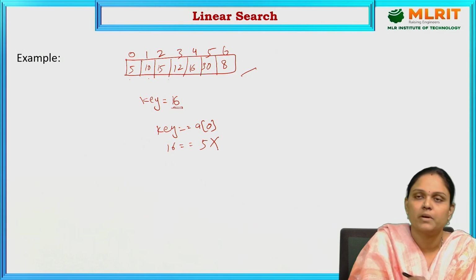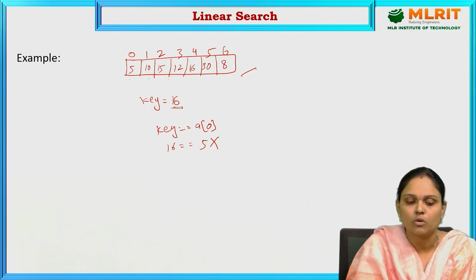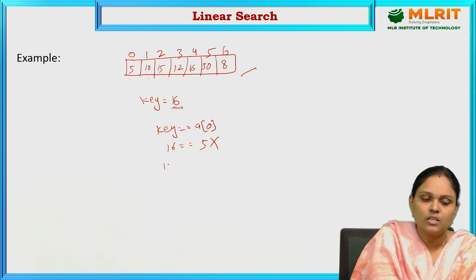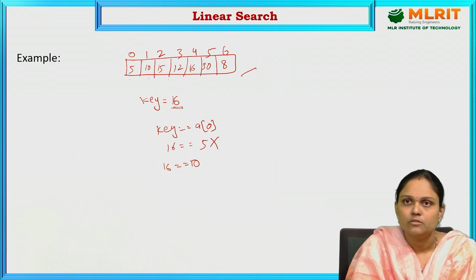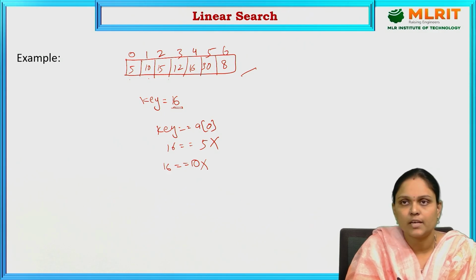So it is not matching. Then we check whether it matches with the second element. Here the key is 16 and A of 1 is 10. So here also the condition is false. That is not matching with the second element either.